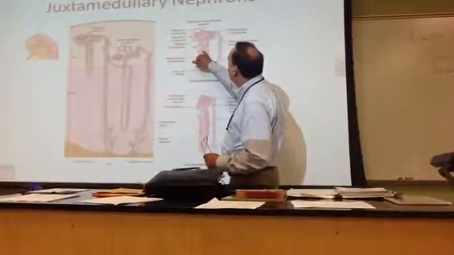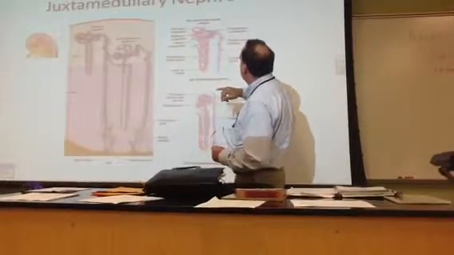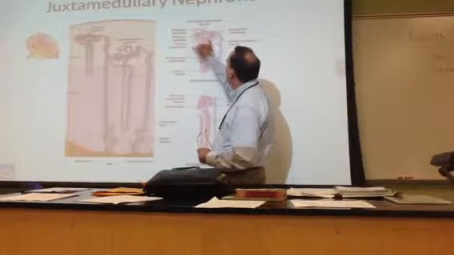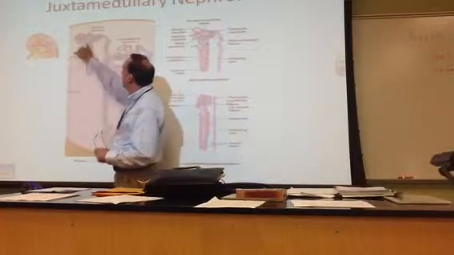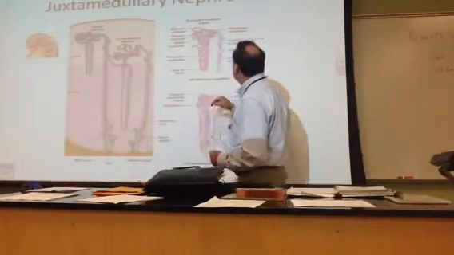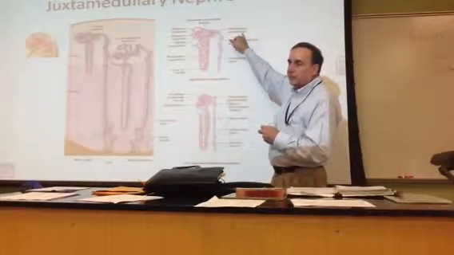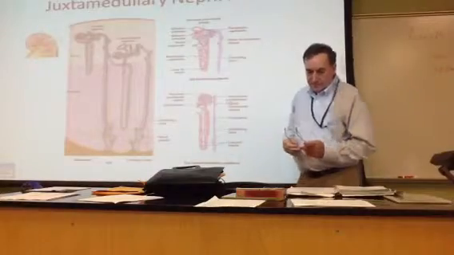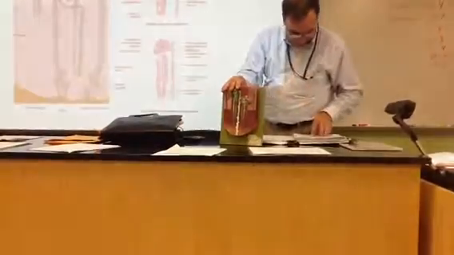So the blood leaves through the efferent arteriole, and it then forms a capillary bed that wraps around these renal tubules. That group of capillaries is known as the peritubular capillaries. It's on the model here. You can see it. You have to identify those.